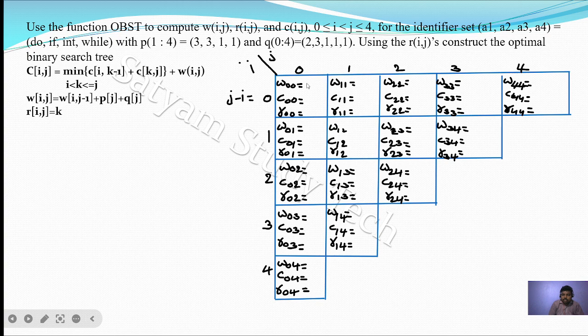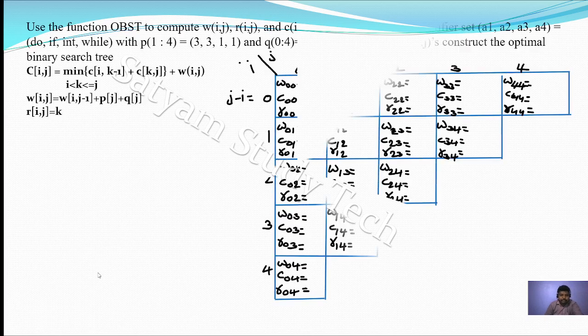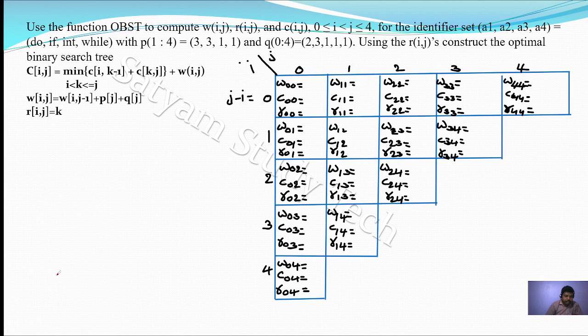Now these are already calculated. The values are 0, 0, 0. Here w of 0 1 is 8, here also 8.